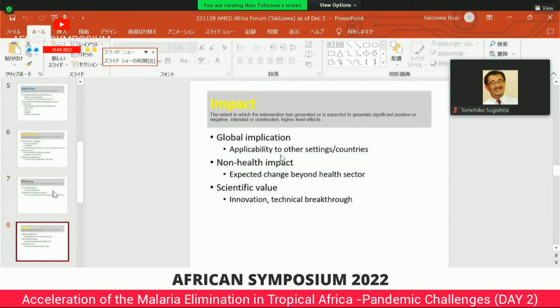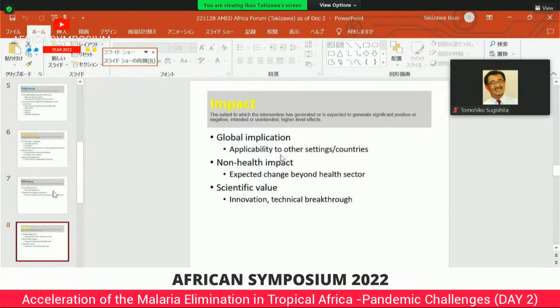And then the issue of impact. Of course, the principal impact of malaria intervention should be the country's progress towards malaria elimination, or how well malaria is controlled. But the impact can go beyond malaria and health, to non-health impact like education, productivity, and things like that.